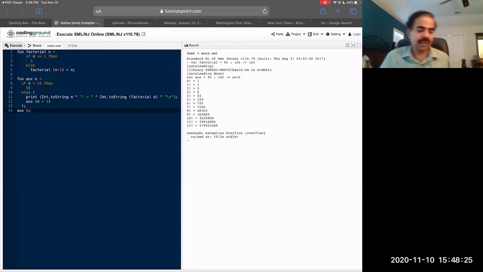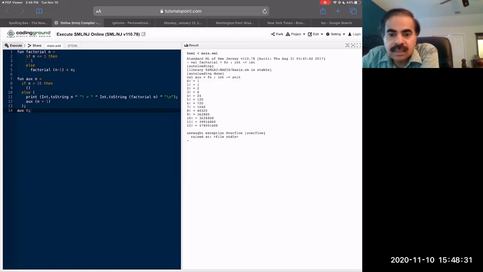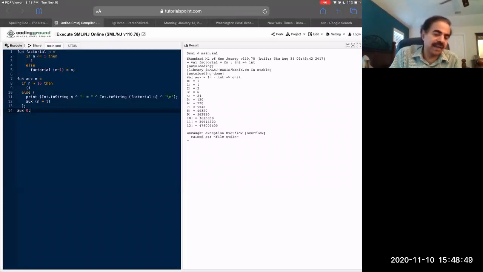So it's saying uncaught exception overflow, which basically happens when it takes 12 factorial, and then when it multiplies that by 13, the number is too large to fit in an integer variable, and so it leads to some error. But that's not really important for you.